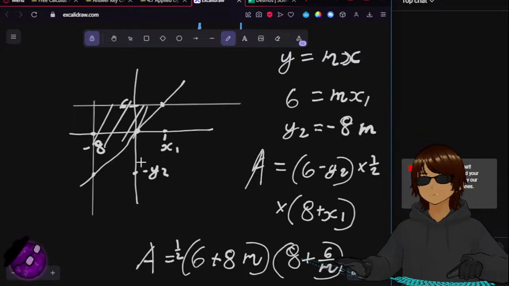Should this be minus though? Yeah, it should be minus y. Yeah, because y2 would be negative.